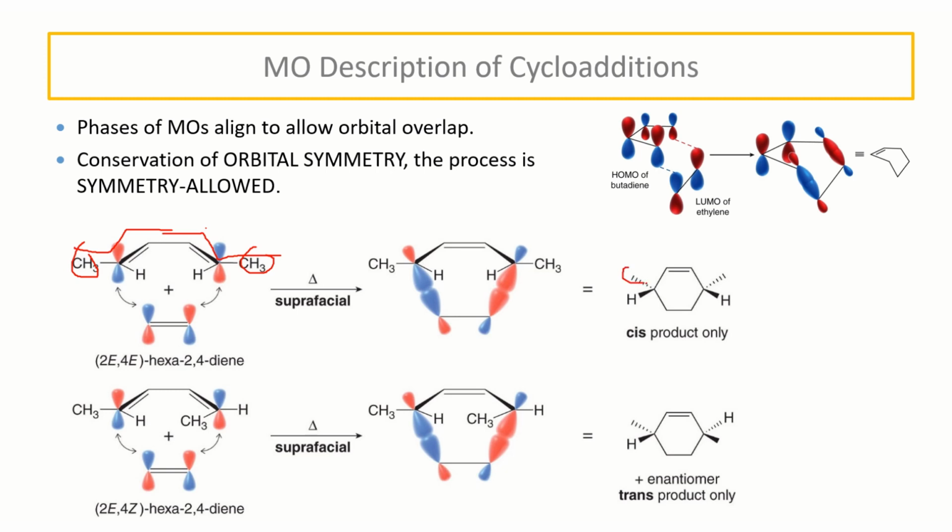You can see that. Why? Now you note, because you can see, the click happened on that face. Also realize that when the ring forms, these groups are going to be on the same side.